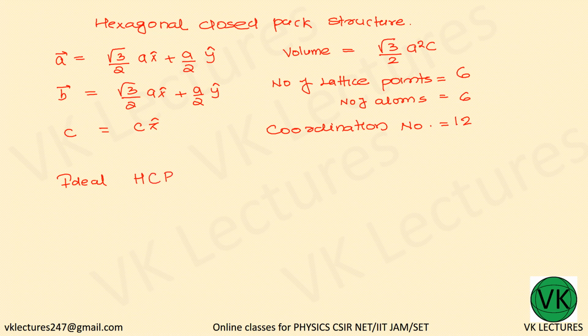Then for ideal HCP, the c by a ratio should be equal to root of 8 by 3. Packing fraction is equal to 74%.